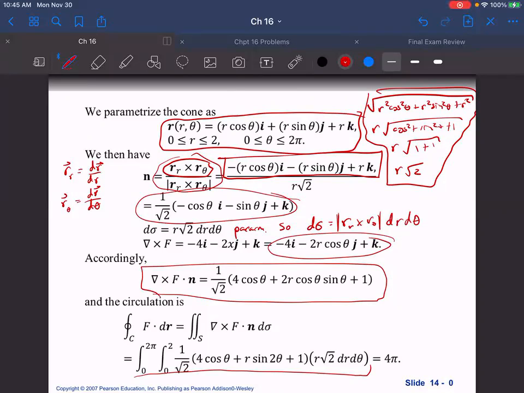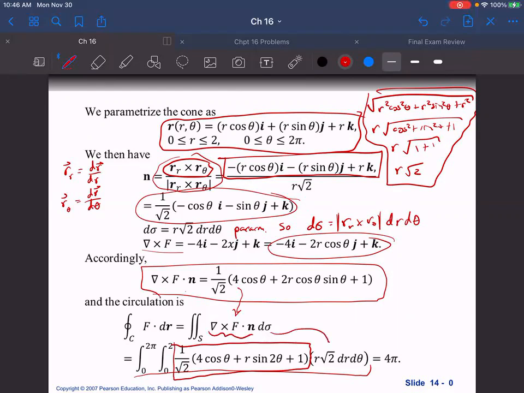So del cross f is just equal to that. Now we have the cross product here too, and you put those together, dot it with that normal vector we came up with, and you get this. Then that is what's going to plug in. So here we have the del cross f dotted with n, that's this part right here.